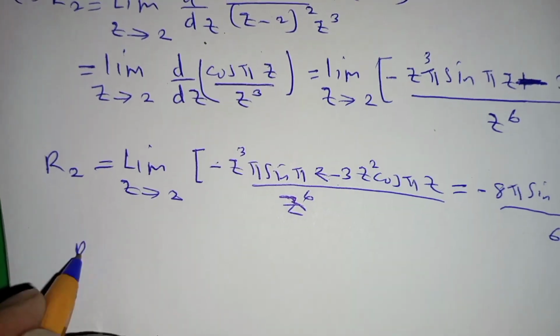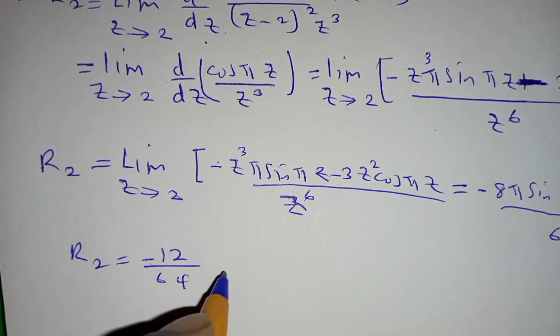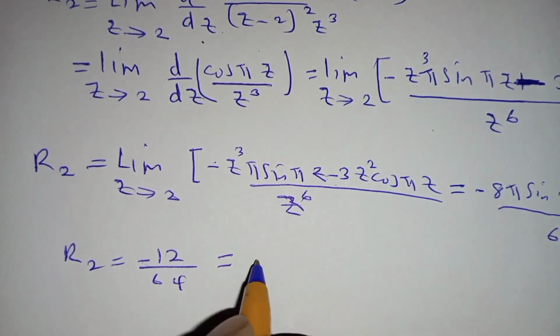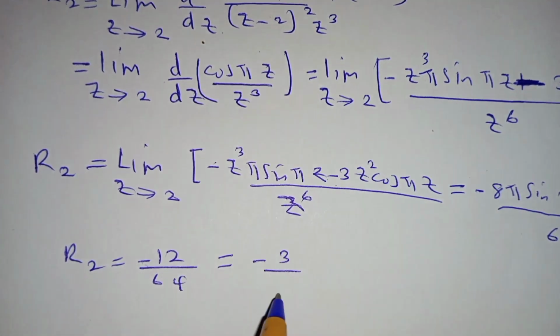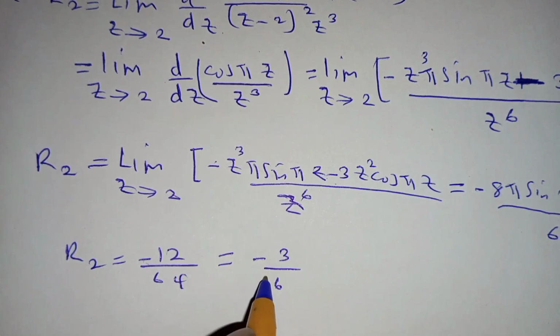So R of 2 will be given by negative 12 over 64, which can be reduced by dividing by 4, we get negative 3 over 16.